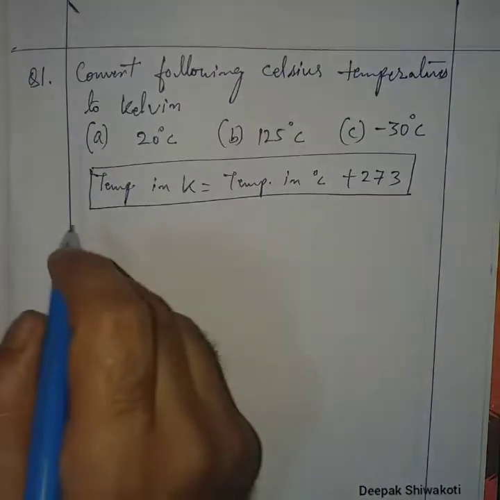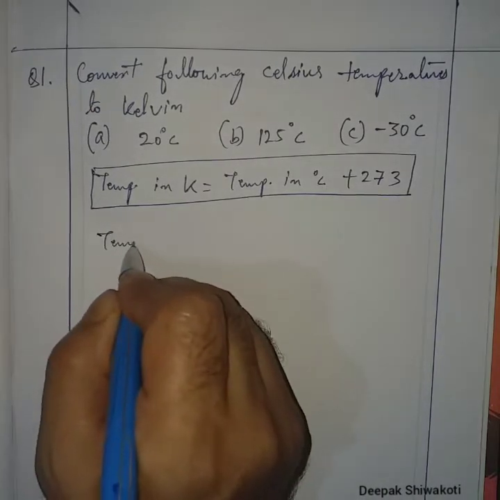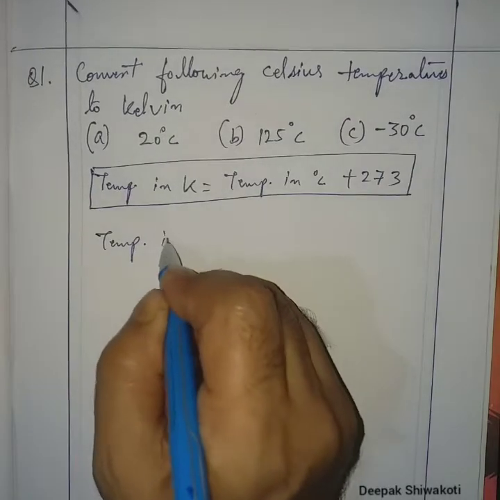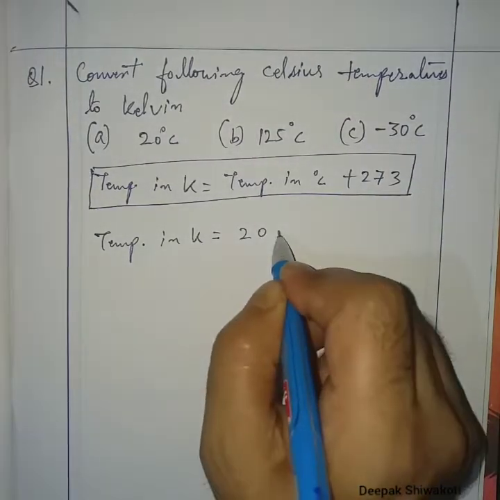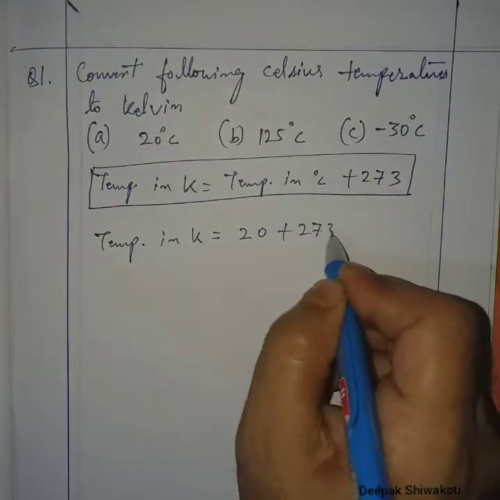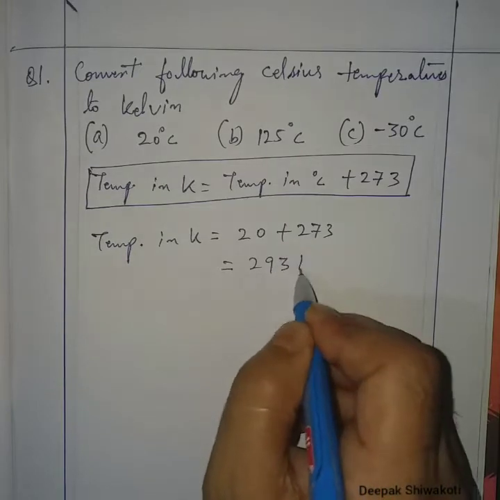So temperature in Kelvin will be equal to 20 plus 273, that is 293 Kelvin.